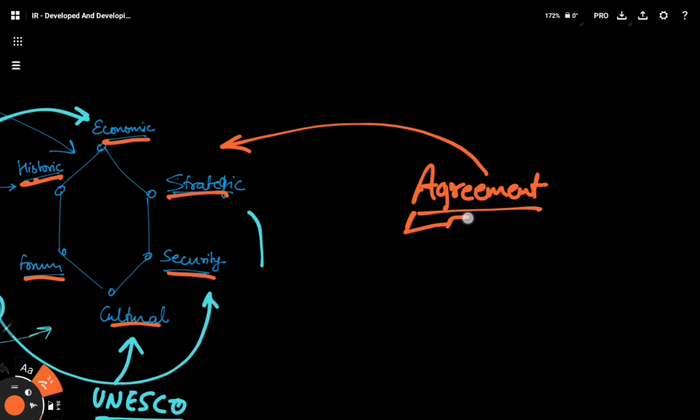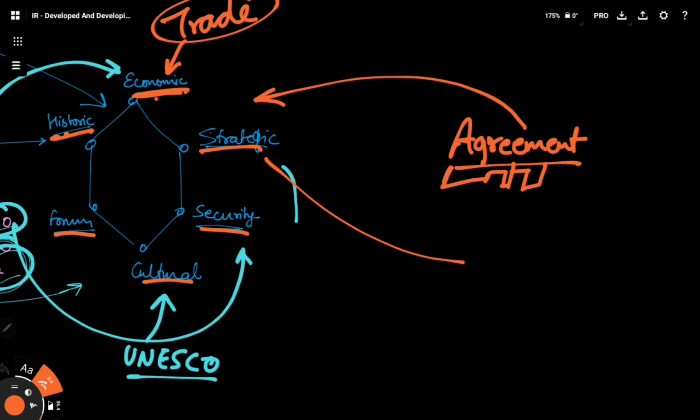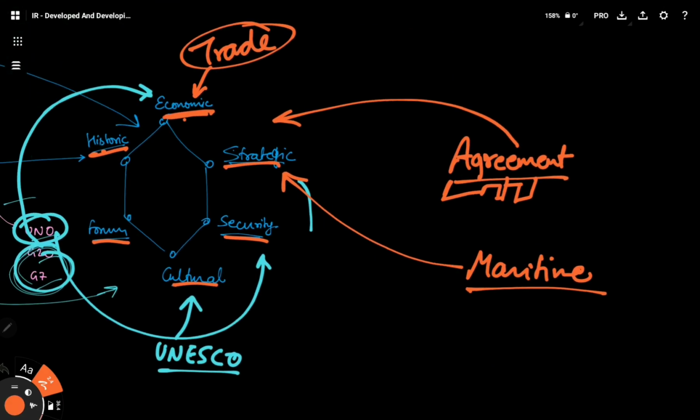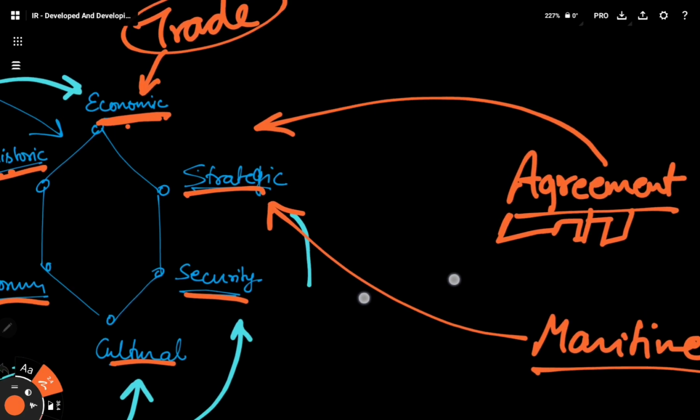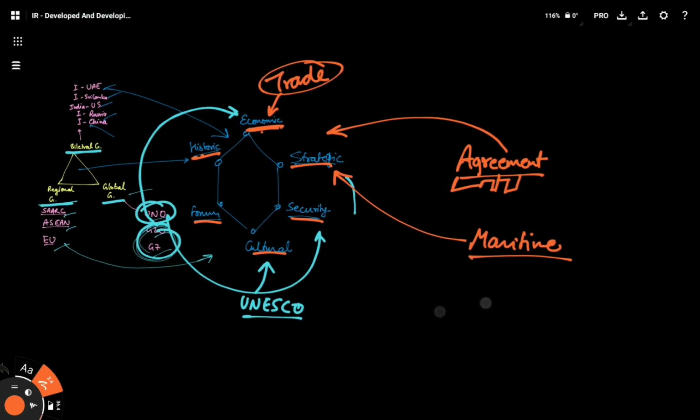For example, this trade agreement covers this economic aspect. Okay, maritime agreement covers this strategic aspect. Okay, trade, maritime, and FDI agreement. Okay, so these agreements also cover these aspects.